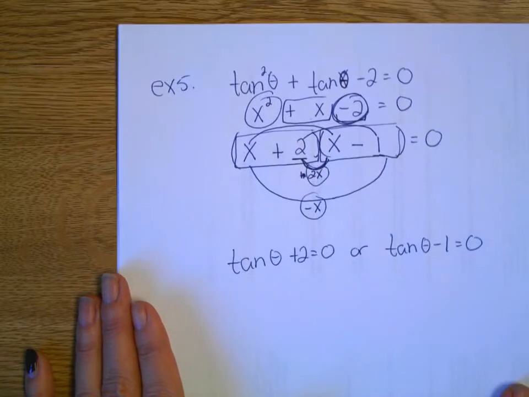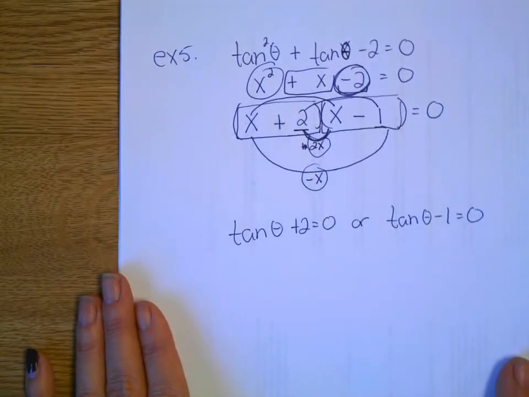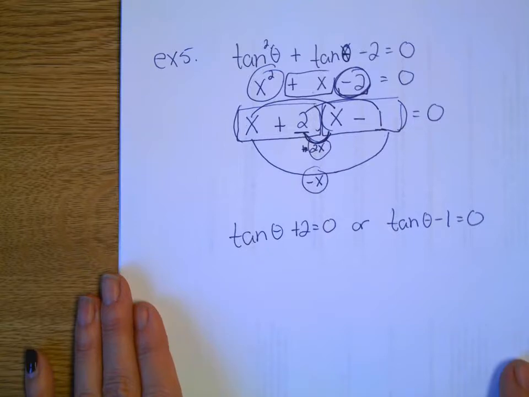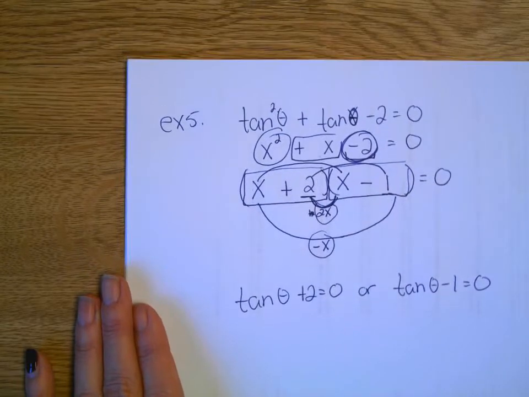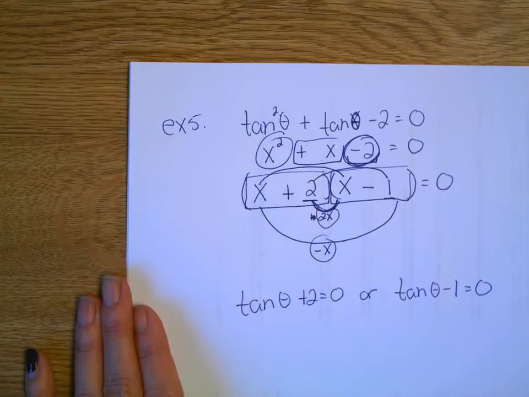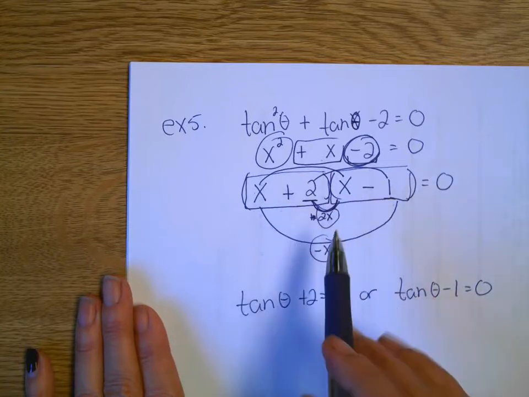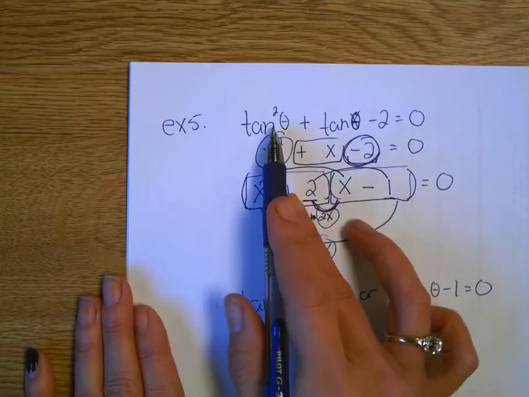And then we solve both of those and then look on the sheet. How come you got rid of the square, where at the beginning it says tan squared theta? Because I factored it. If I multiply these back together, I get my tan squared back.